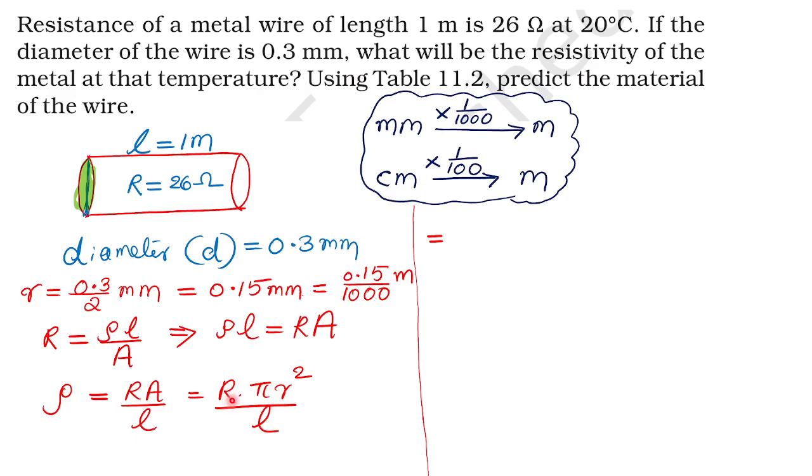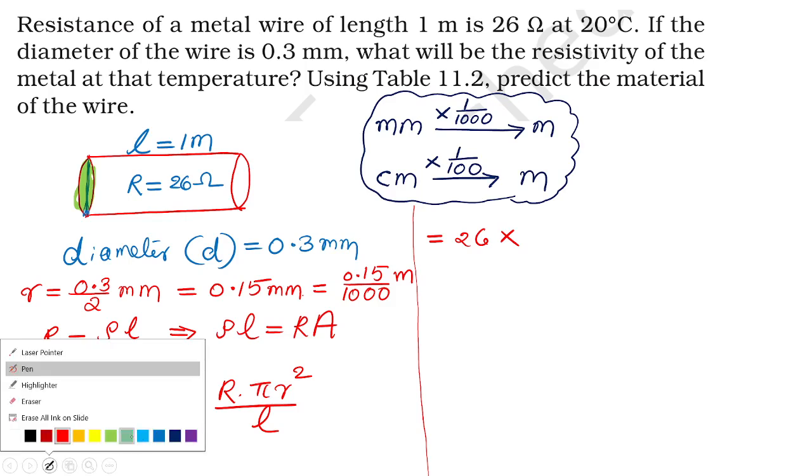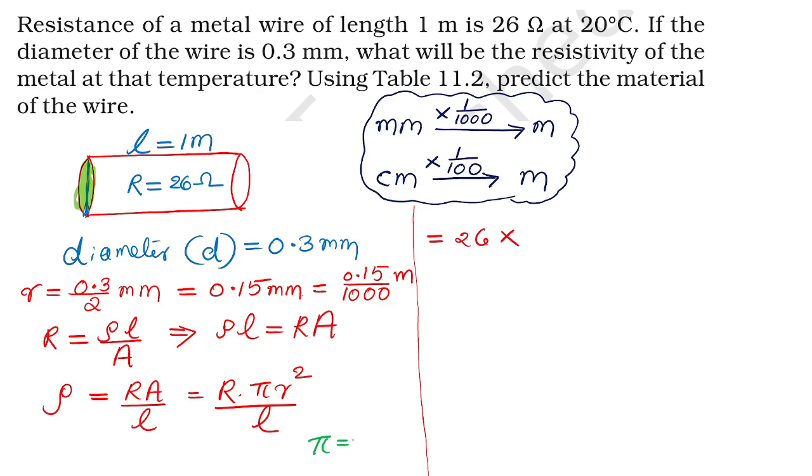R is resistance, and resistance is 26. Pi is 22 by 7 or 3.14. In physics, we use the value of pi as 3.14; we will never use 22 by 7.